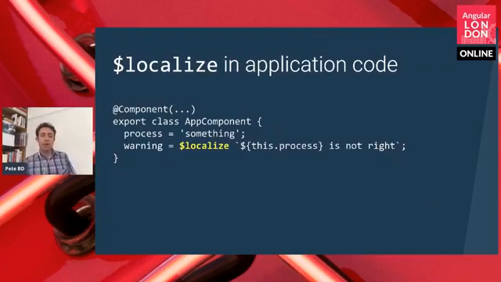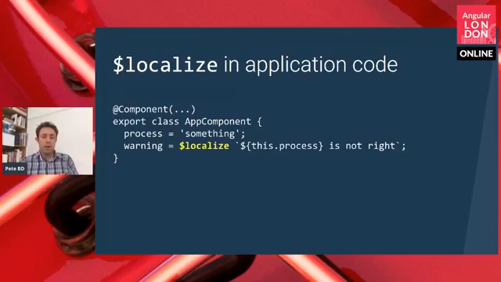This is what $localize would look like if you were going to use it in your own application code. What we've got is a backtick string, sometimes called a template string literal. Template string literals are cool because you can include interpolations inside them. You can see here that this .process is a value that's going to be interpolated into this string.